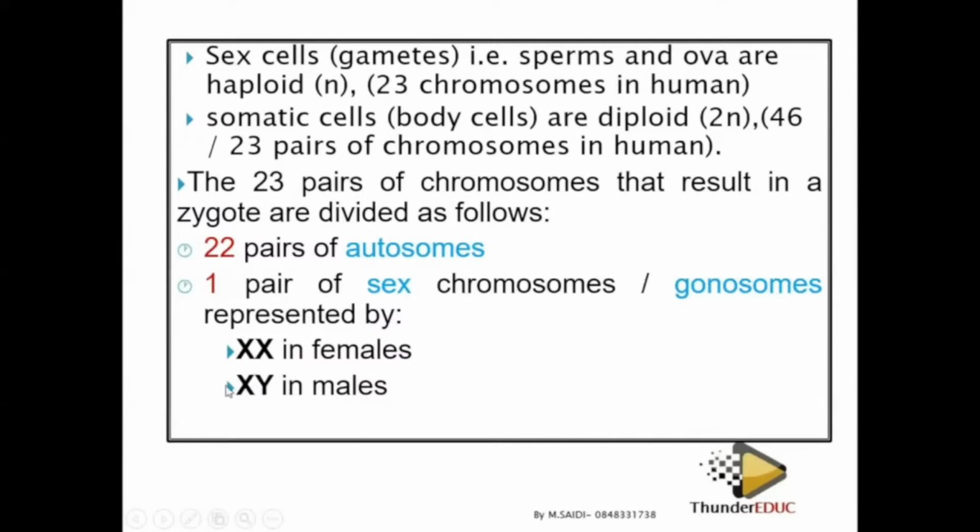Female has X, male also has X, but female doesn't have Y, while male has Y. So it's the male who determines the sex of an individual.